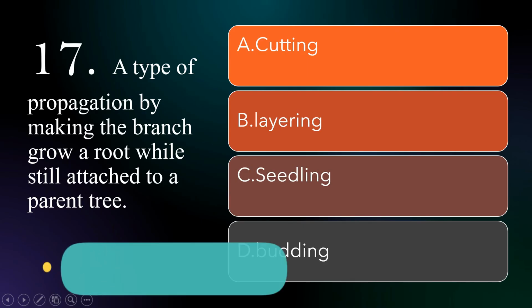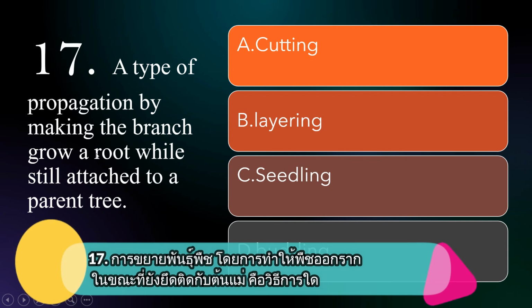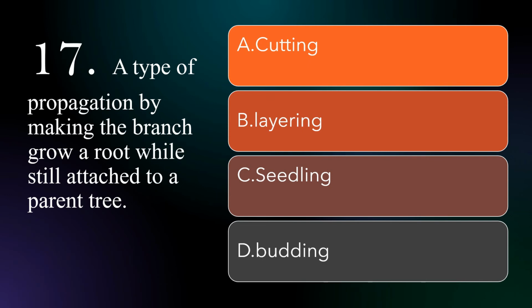A type of propagation by making the branch grow. Okay. You let the branch grow a root. Last time you have to cut a little bit and you have to put soil on the branch or on the stem, and you have to cover it with cellophane while it is still attached. Okay, still attached to a parent tree. How do you call that method of propagation? A. Cutting.